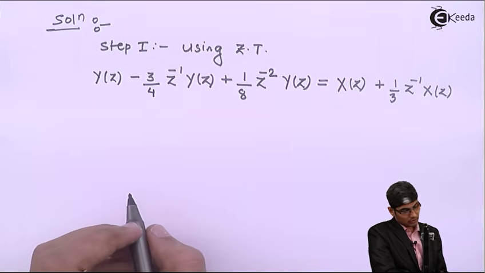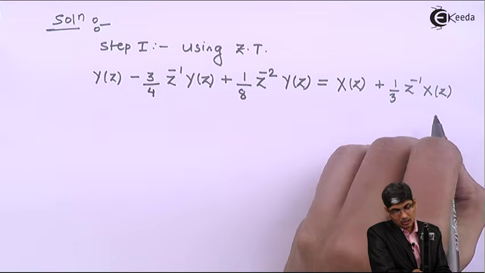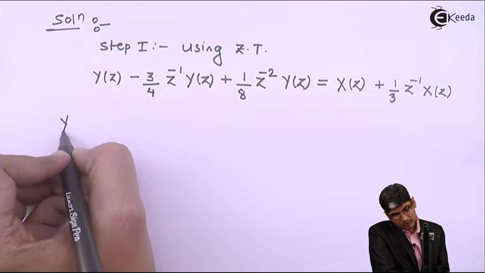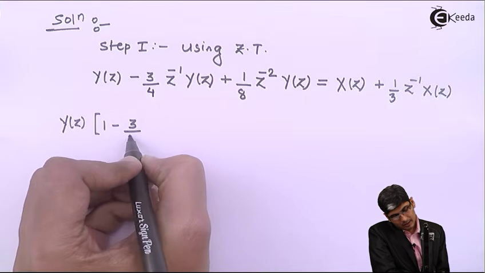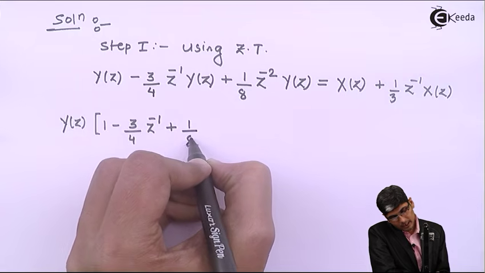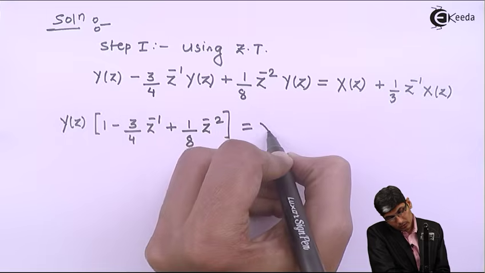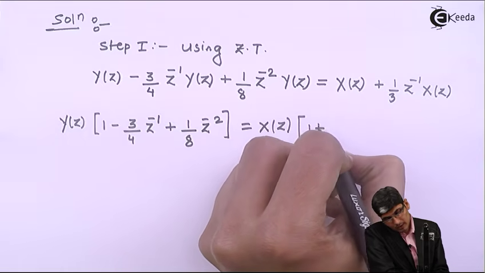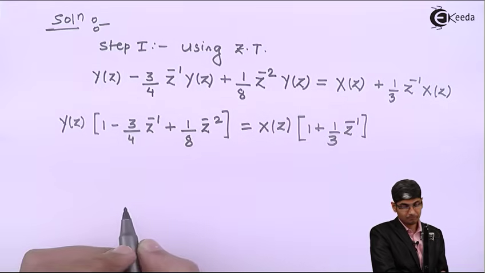To obtain H of z, I will take common X of z from here and Y of z from here. So it will be Y of z into 1 minus 3 by 4 z inverse plus 1 by 8 z raised to minus 2 equals X of z into 1 plus 1 by 3 z raised to minus 1.